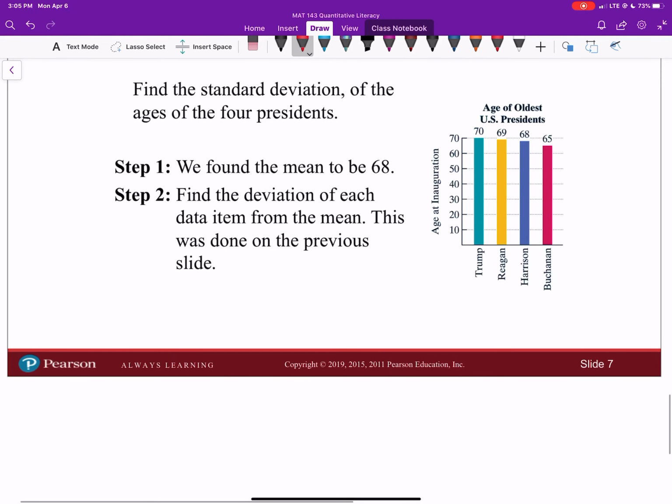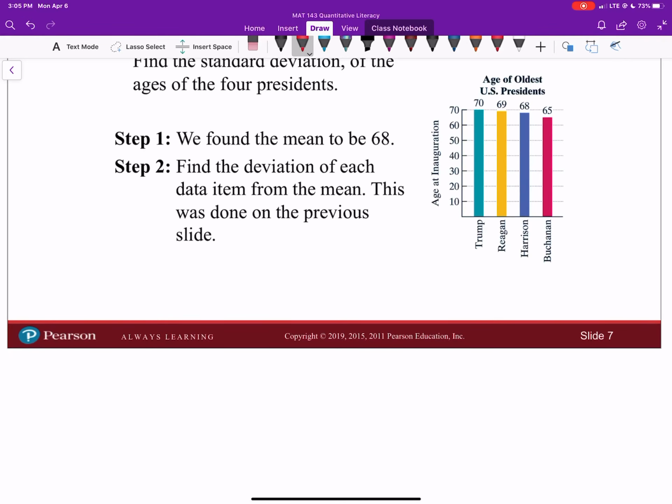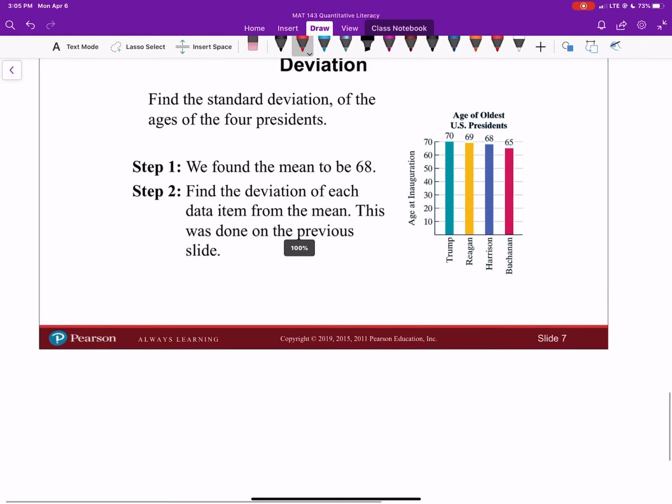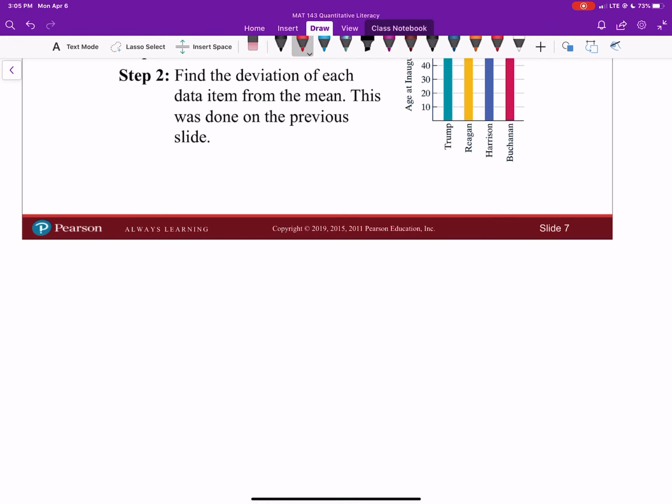As we already know, this is a part of the problem that we had before. It says find the standard deviation of the data for the 4 presidents. We already know what the mean is, it's 68. We already know what the deviations are. So I'm going to write the data items as x.